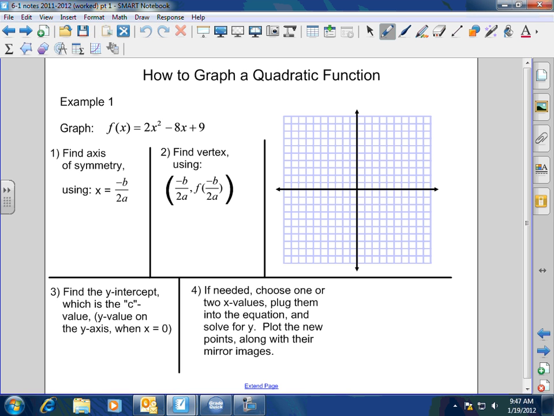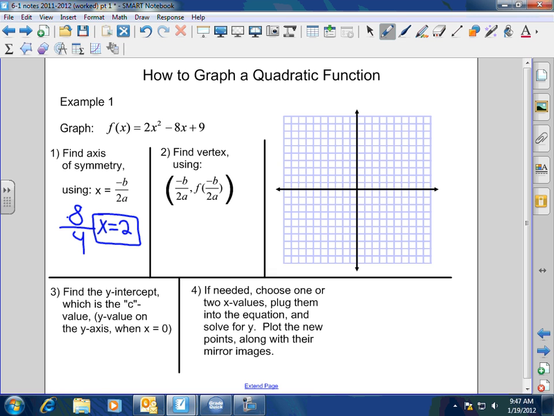Step 1, find the axis of symmetry. So for this particular case, the axis of symmetry is going to be, very good, 8 over 4. It's negative b over 2a. So x equals 2.